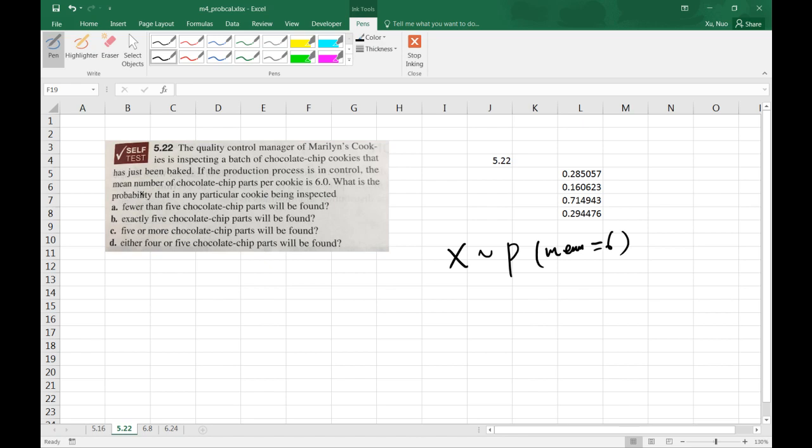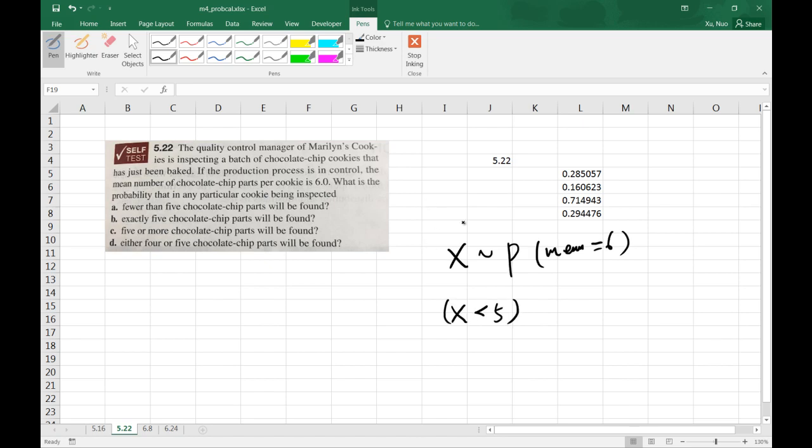What is the probability that in any particular cookie being inspected, fewer than 5 chips will be found? So we are asking what is the probability of x to be fewer than 5.